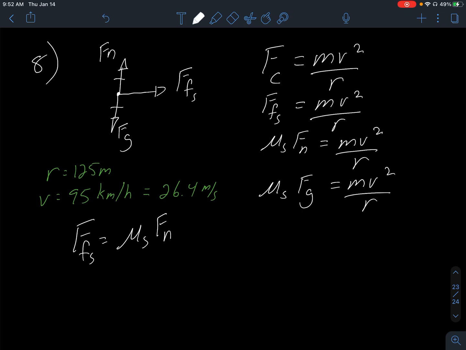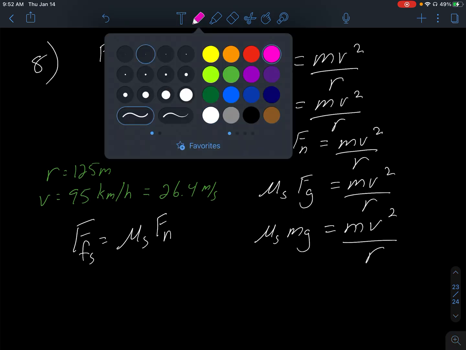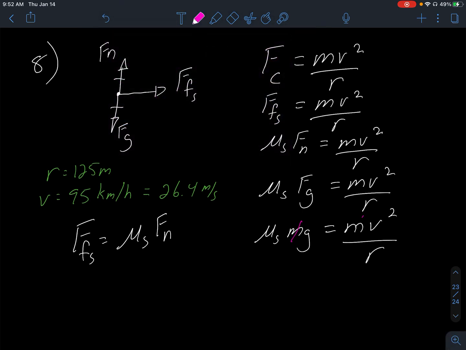And we know gravity, or force due to gravity, Fg equals mg. And yet again, we have another physics party where everybody brings mass. And we can take a little bit of mass from everybody.